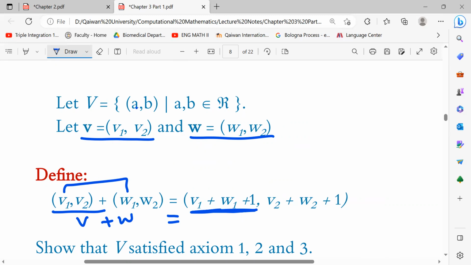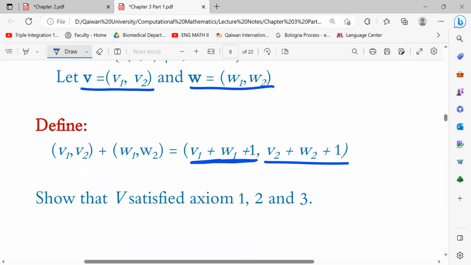It's defined. It's the definition. It's given. And these two plus 1. The sum of these two vectors, V1, V2, and W1, W2 is V1 plus W1 plus 1, and also V2 plus W2 plus 1. This is the sum of those two vectors.